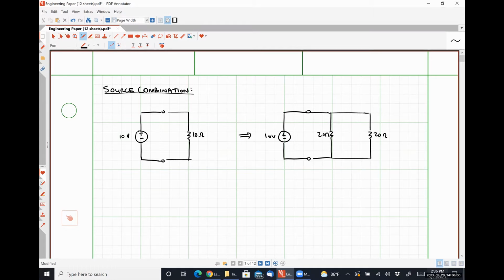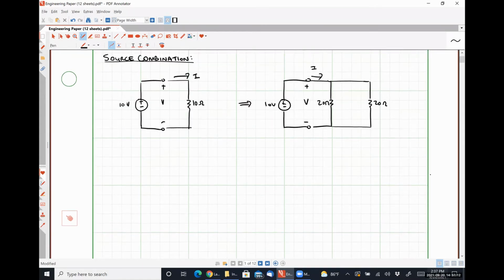So we were looking at electrical equivalence from the perspective of the source, where our constraint was that the voltage drop over our resistor network, V, and the current flowing into our resistor network, I, were identical in both cases. We can do the same thing from the perspective of a resistor in order to figure out how to combine voltage and current sources, okay?